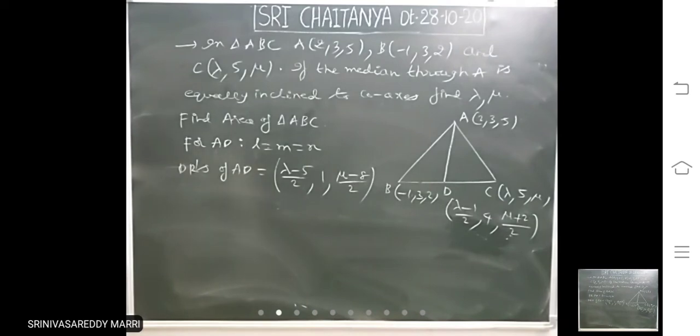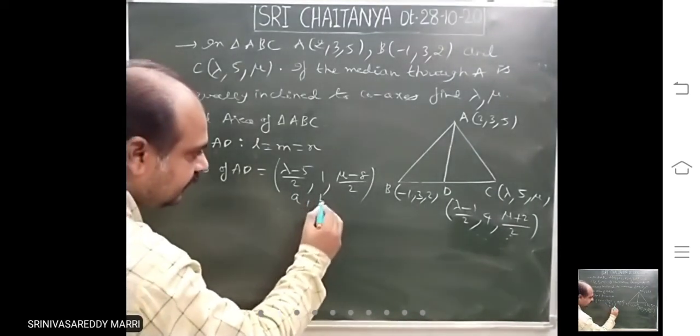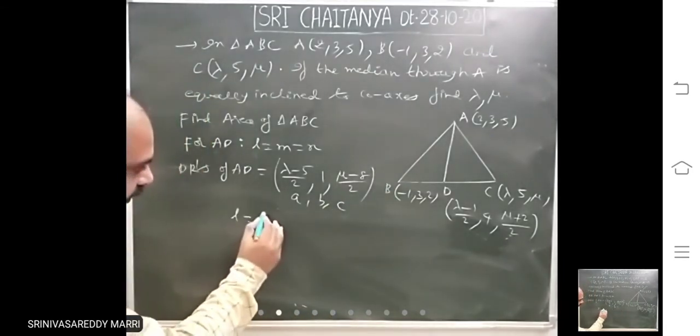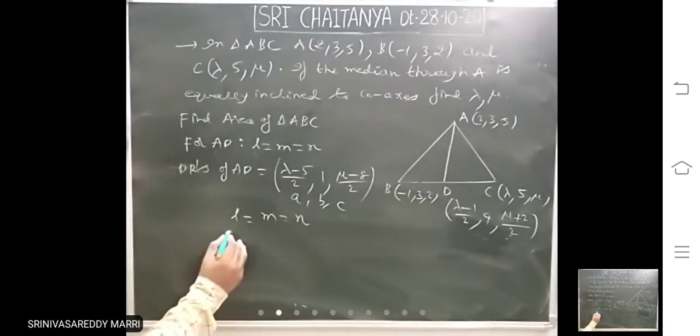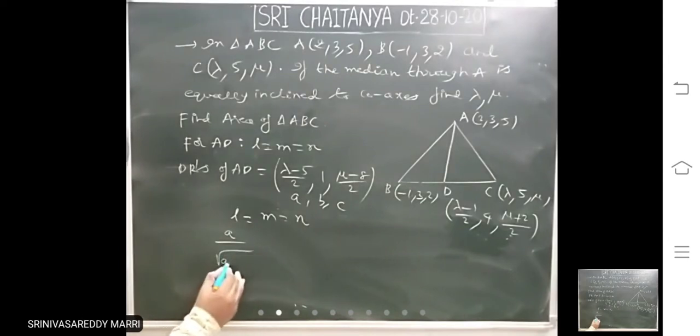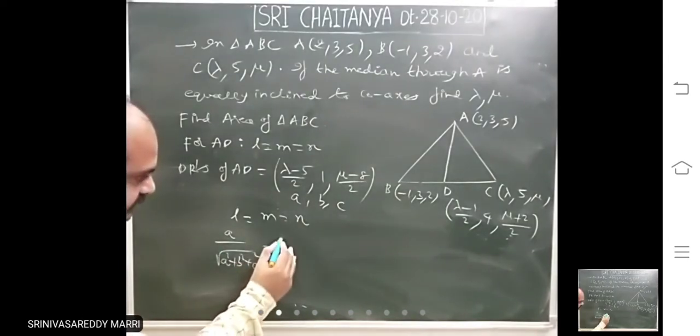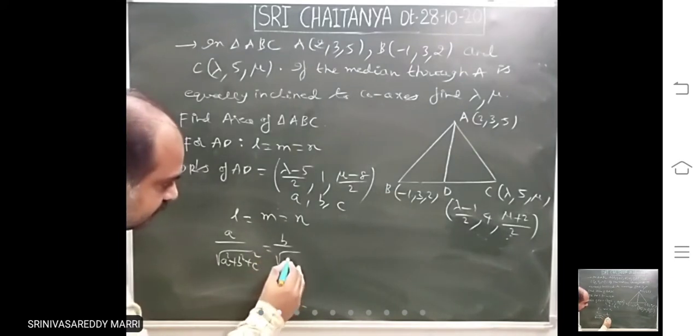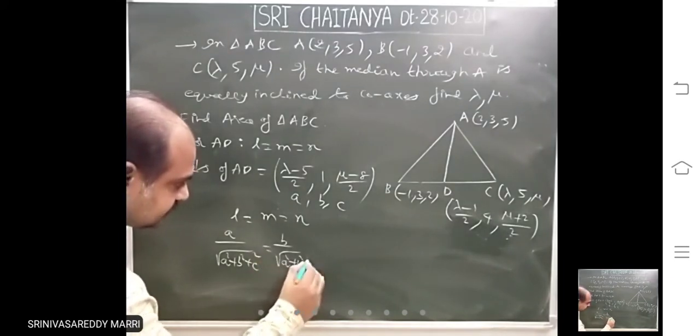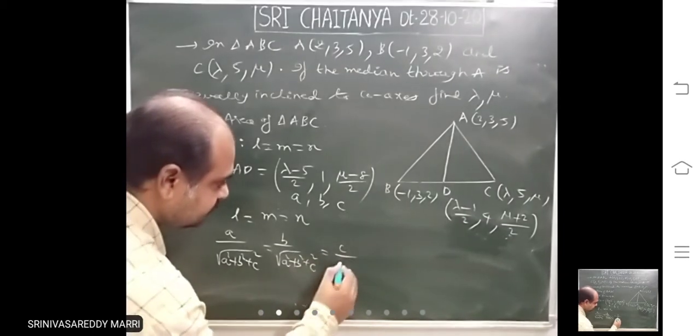So therefore these are a, b, c, and l equal to m equal to n. That means a by root of a square plus b square plus c square equals b by root of a square plus b square plus c square.